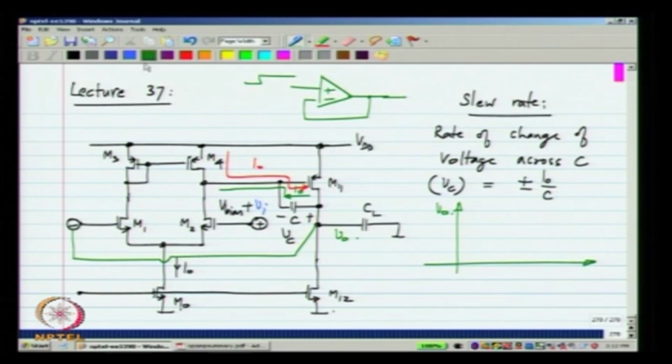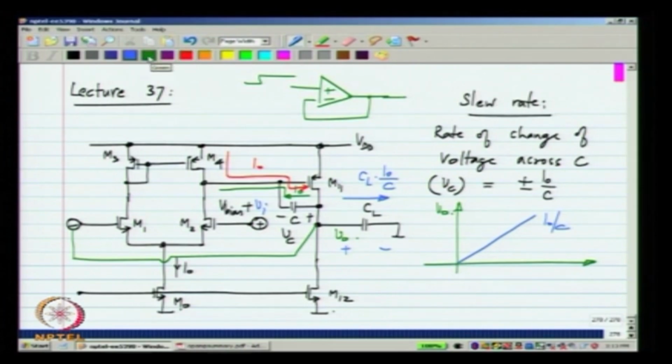V naught is changing at a rate of I naught by C. Now, what does it mean? The voltage across CL, which is V naught, is also changing at this rate. So, the current through CL is the slope of this voltage times the capacitance. So, the current through CL would be CL times I naught by C.